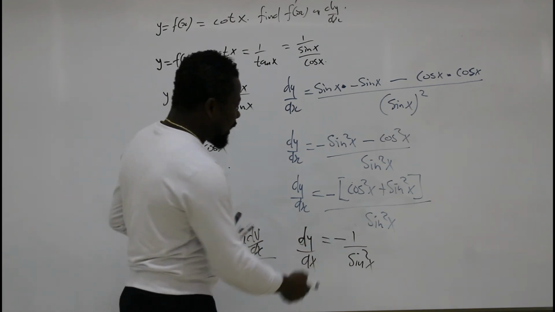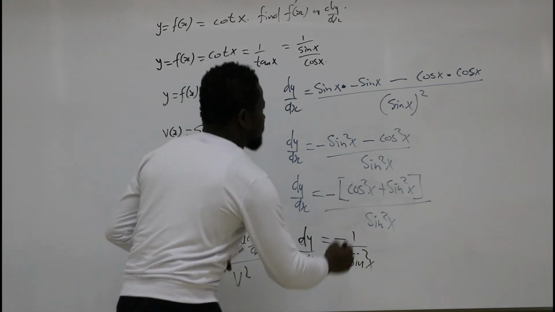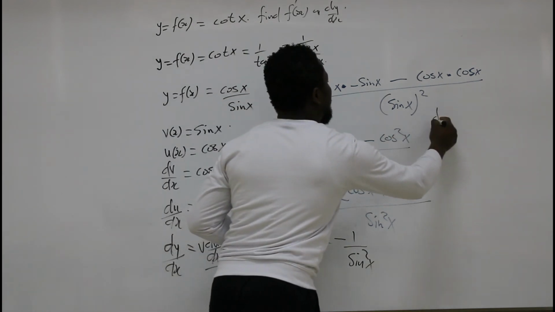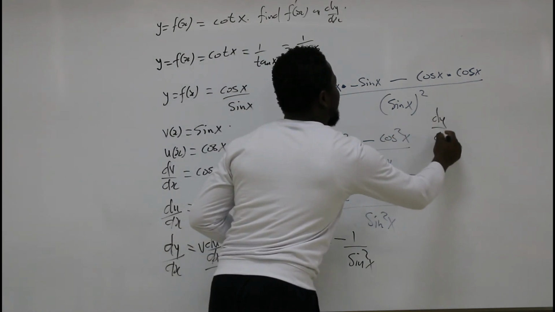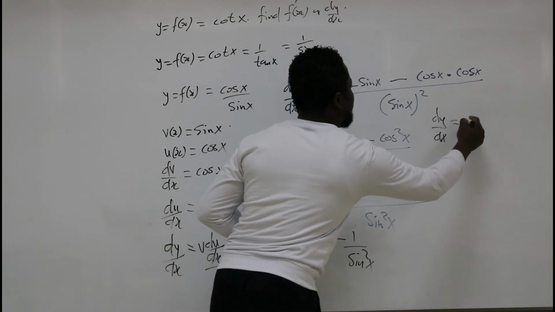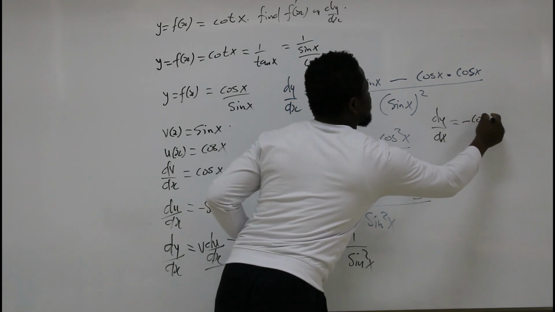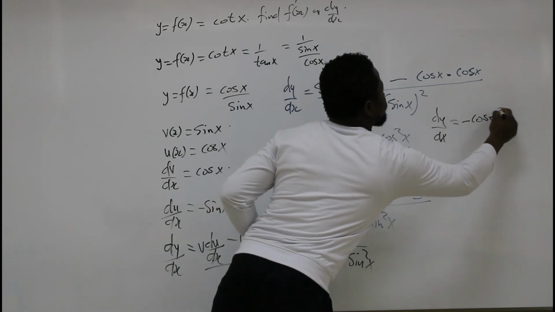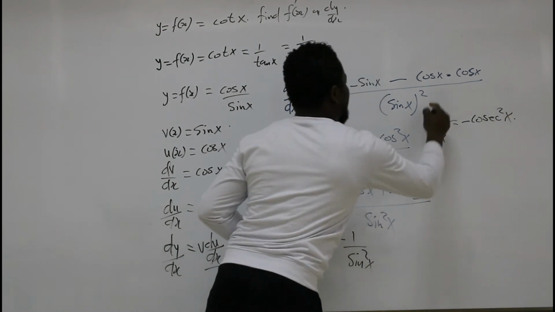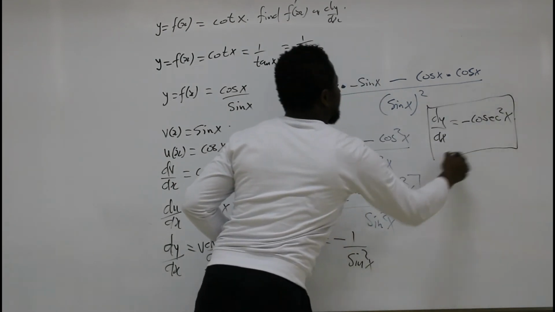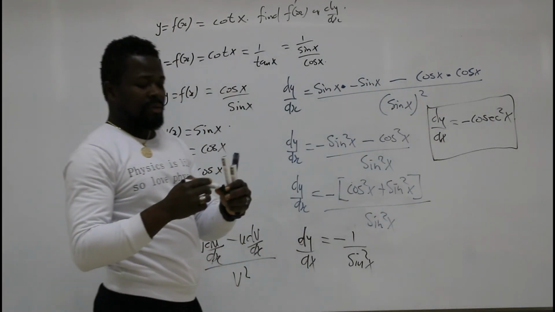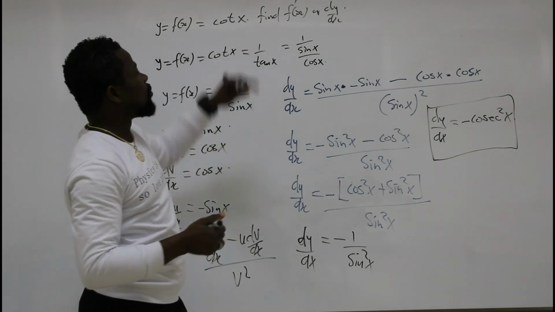So we can conclude that dy/dx is negative cosecant squared x. And that becomes the derivative of the function that we were given.